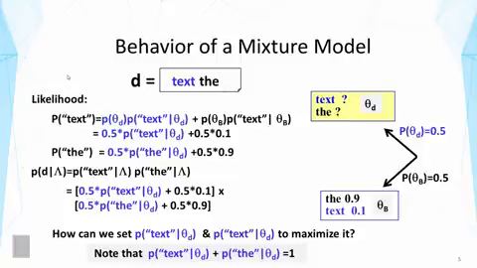So now the question is, how should we allocate the probability mass between the two words? What do you think? It would be useful to look at this formula for a moment and see what intuitively we would do in order to set these probabilities to maximize the value of this function.